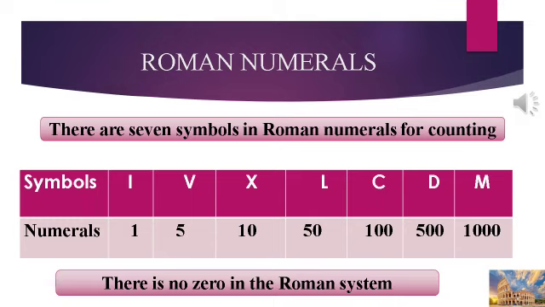I equals 1, V equals 5, X equals 10, L equals 50, C equals 100, D equals 500, and M equals 1000. There is no zero in the Roman system.